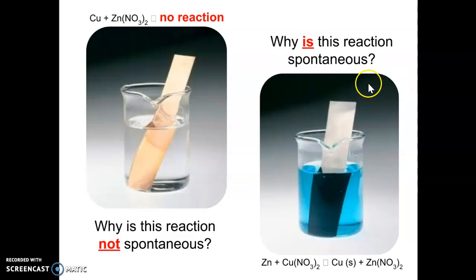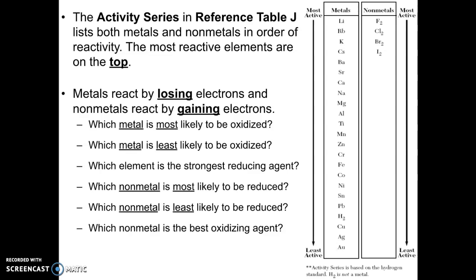So going back to our reaction that we were looking at before, we saw that the zinc reacted with copper nitrate, but the copper did not react with zinc nitrate. And if we now look at our activity series, we see that zinc is right here and copper is down here. So the zinc, which is the more active metal, wants to be oxidized.